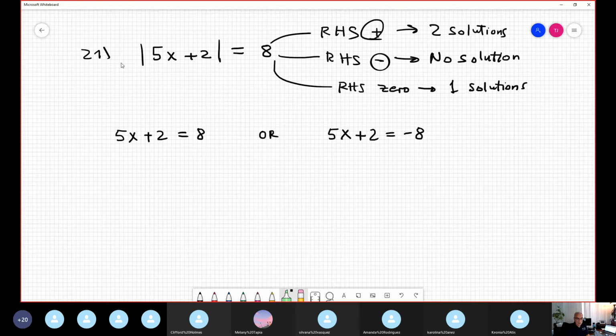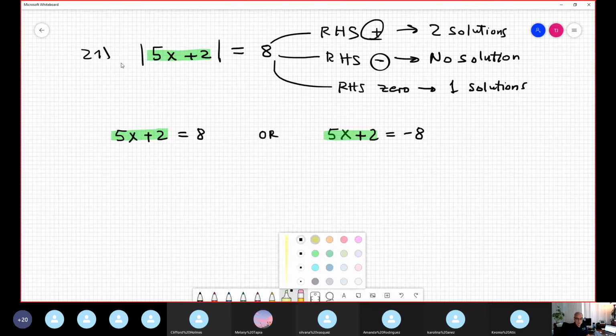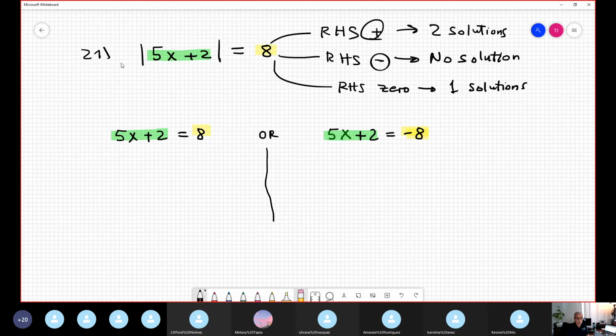On the left hand side you copy the expression two times without bars. And on the right hand side, you copy positive, exactly like the original, and negative. At this moment, you have two equations. You solve them separately, and the solution is this plus this together.